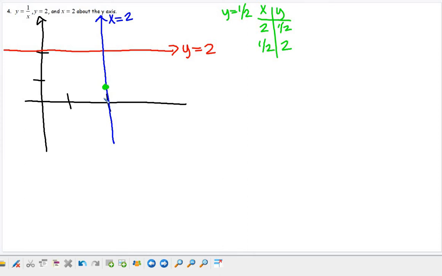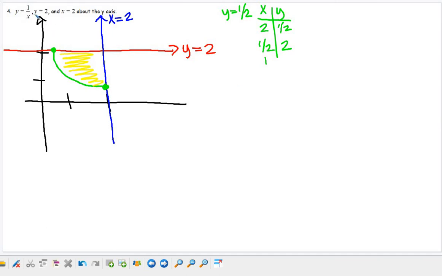And then if you need to, this is a curve here, but it should go through 1, 1, like this. So if we're talking about the area bound by all 3 of those functions, that has to be this area here.